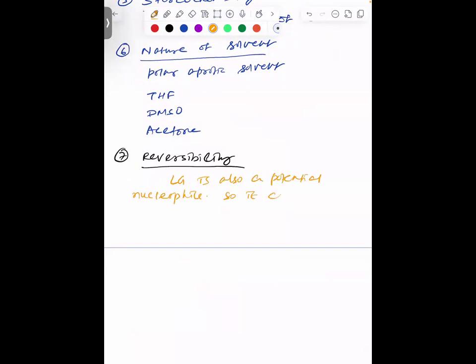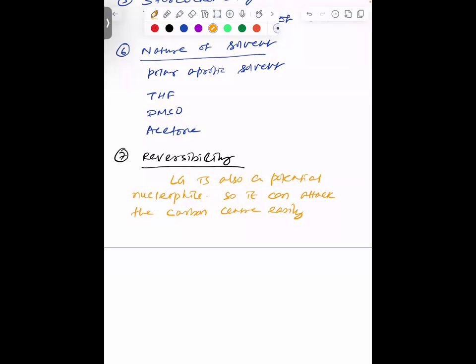So it can attack the carbon center again. Reversible. So once the leaving group is released, we have to separate it from the carbon center.